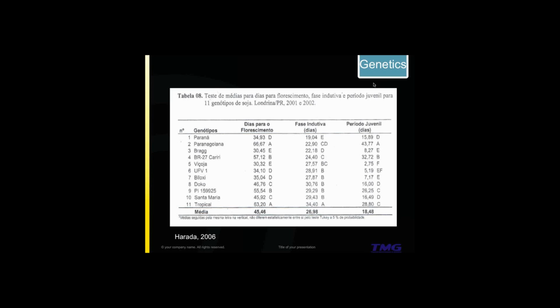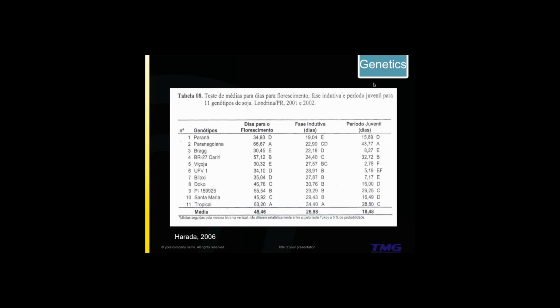But I think that has to do with the source of materials that we rely on. Most of the materials that come from Argentina are more adapted maybe to a different type of soil than we have here in Brazil. In Argentina, they tend to have better organic matter in the soil.